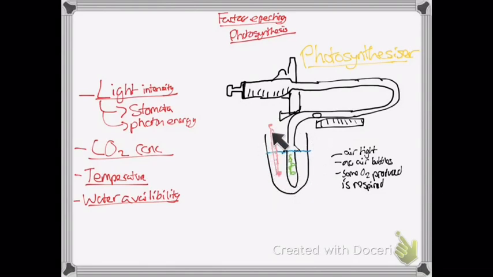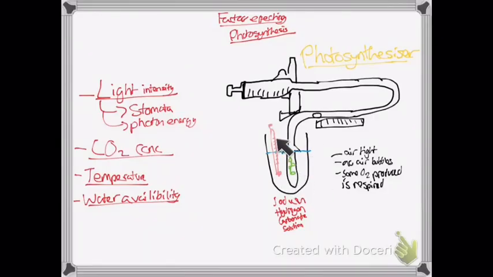The temperature, as we see here, so we could vary the temperature and see what effect that has on photosynthesis. We can also add sodium hydrogen carbonate solution, varying the amount of this in the solution. So this syringe here, we can either measure the movement of the meniscus, or we can just straight off measure the amount of oxygen produced in here.